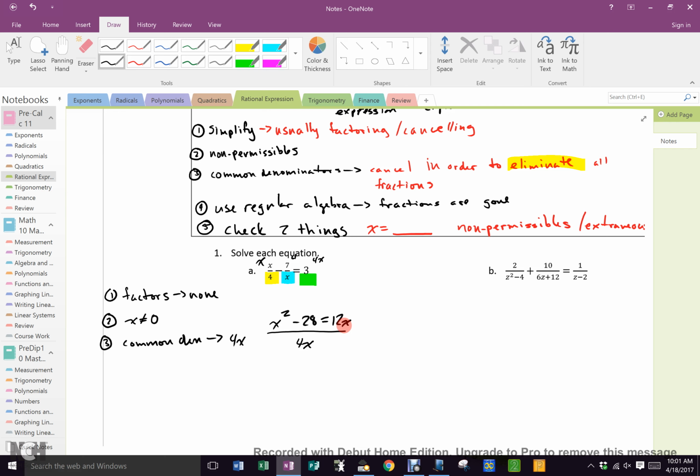Yes? Okay. Let's rewrite this in something that we like. X squared minus 12x minus 28 over 4x. Is everyone okay with that? Does everyone see what I have done there? Because I didn't explain it. I just did something. Does everyone see what I did?